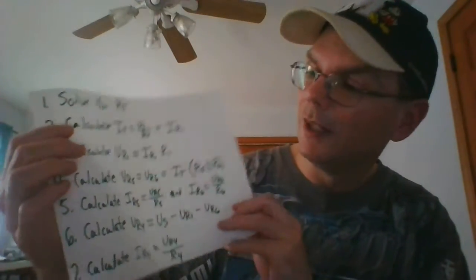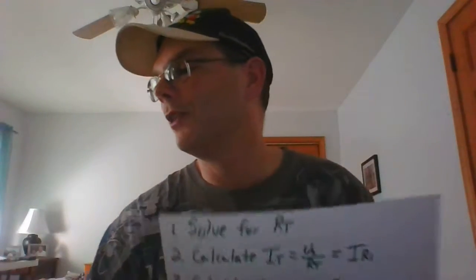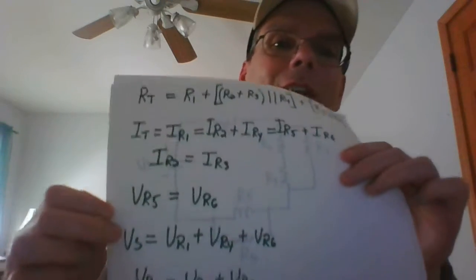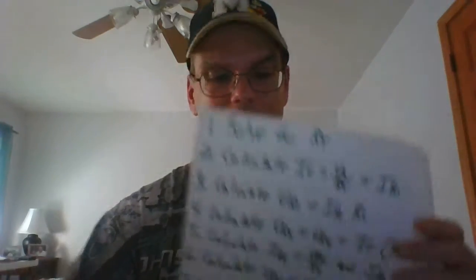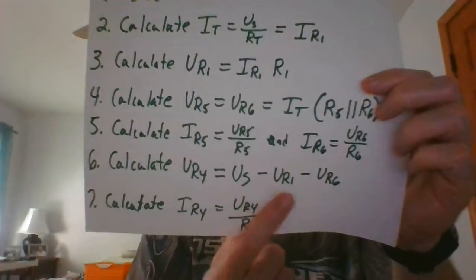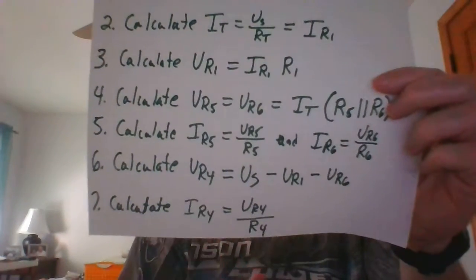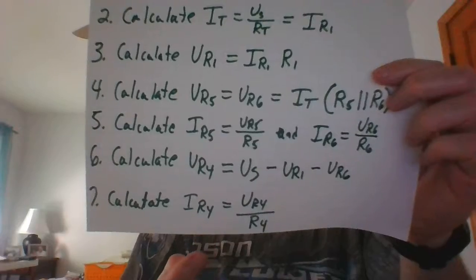Now, remember that formula that we wrote back here using Kirchhoff's voltage law around the outer loop? We can take that and solve it for VR4. The source minus VR1 minus VR6 gives us VR4. With VR4, we can calculate the current through resistor number 4.